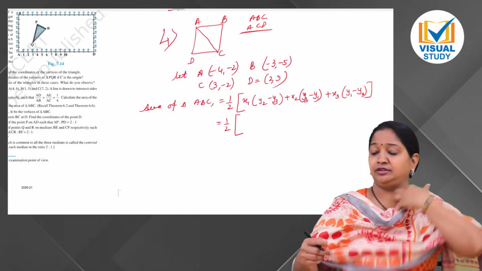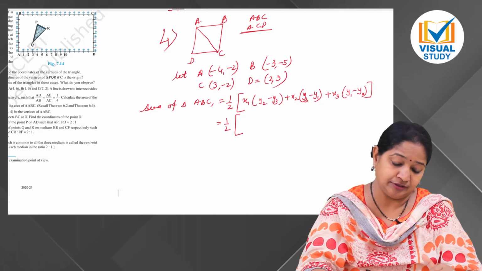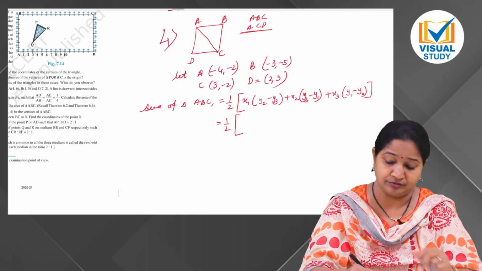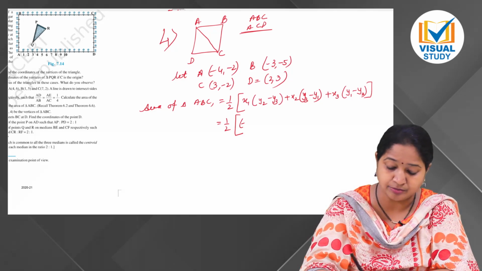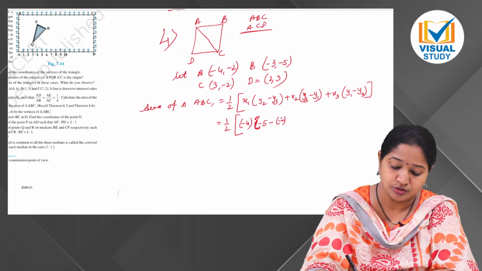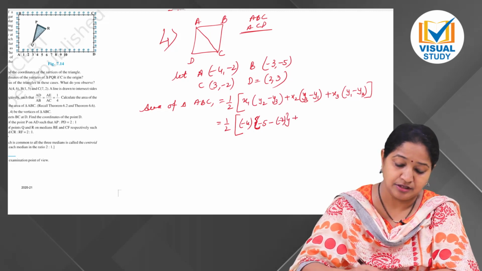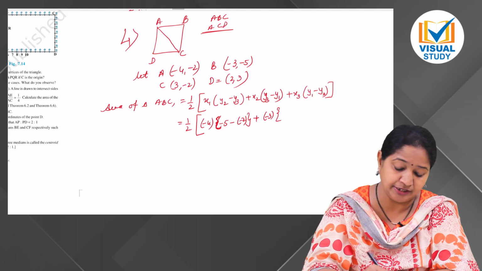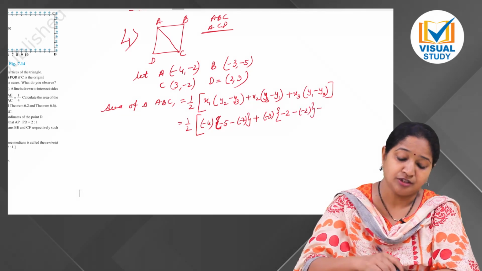Now here you take A as (x1, y1), B as (x2, y2), and C as (x3, y3). Directly you can write it as half of -4 times (-5 minus of -2), plus, what is your x2? That is -3, y3 is -2, minus of y1 is minus of -2, plus, what is your x3?